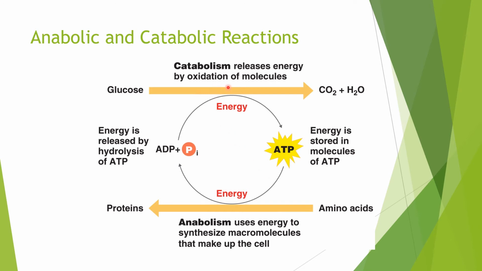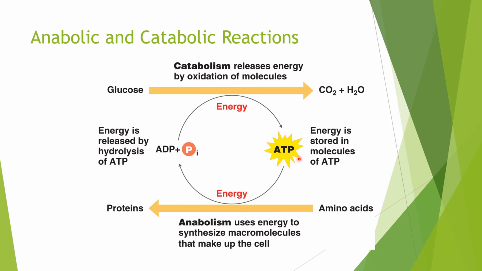So when catabolic reactions release the energy, energy is released in many forms. It could be released in the form of heat. So heat could be one of it, and ATP. So mostly ATP is the energy that's going to be released.